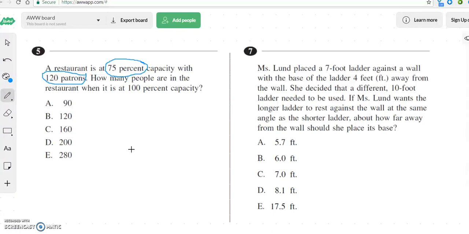They belong together. So 75% capacity with 120 patrons. How many people, we do not know, are in the restaurant when it's at 100% capacity?